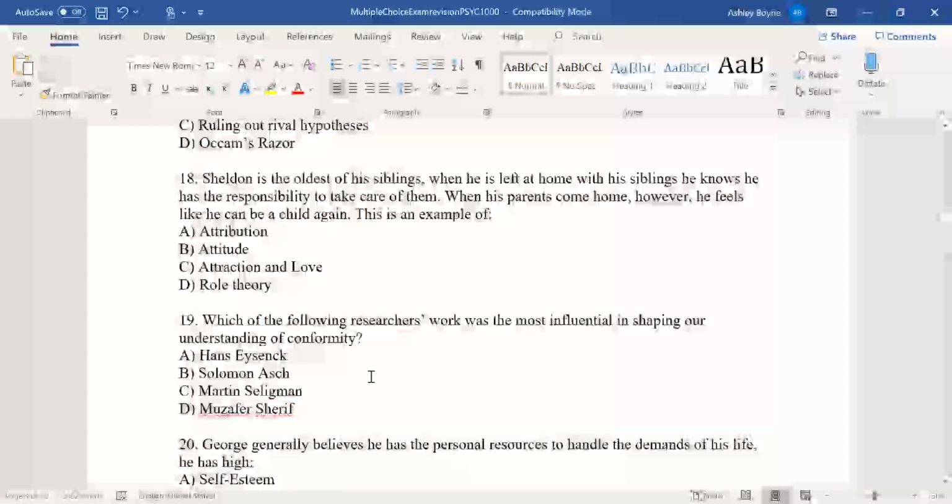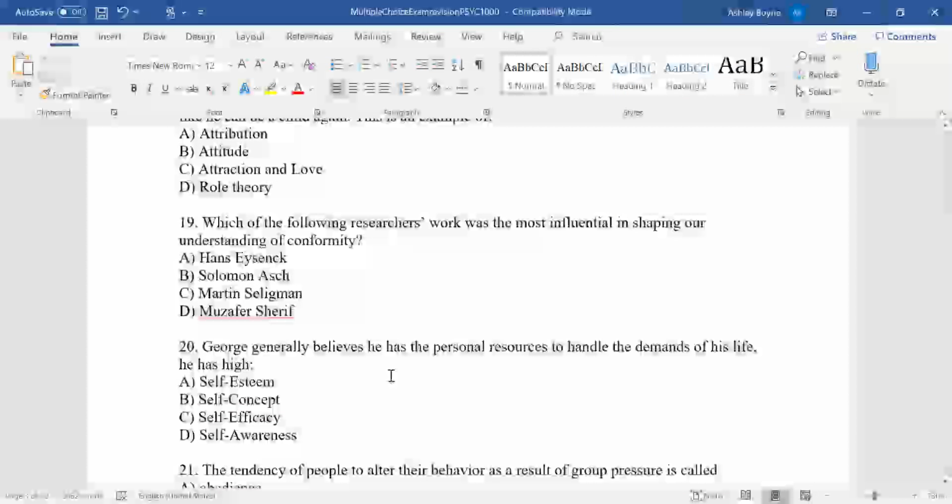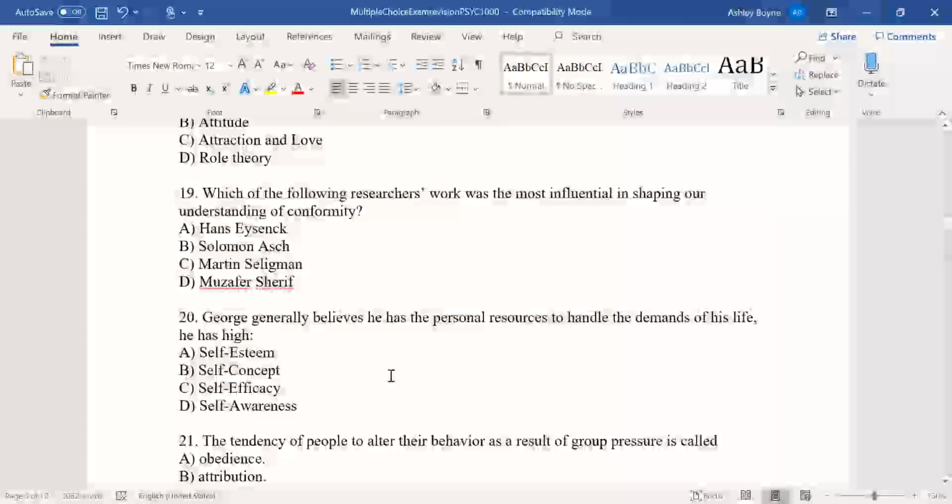Milgram was not only trying to replicate his original findings, but he was also trying to demonstrate which of the other principles of scientific thinking. So that's A, falsifiability, B, replicability, C, ruling out rival hypotheses, or D, Occam's razor.